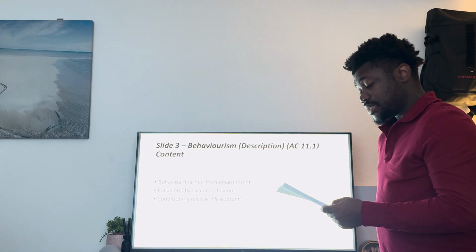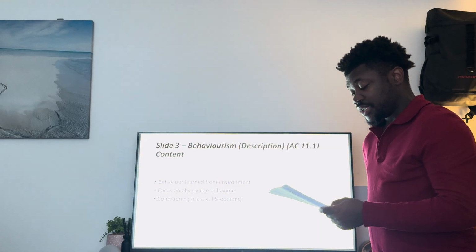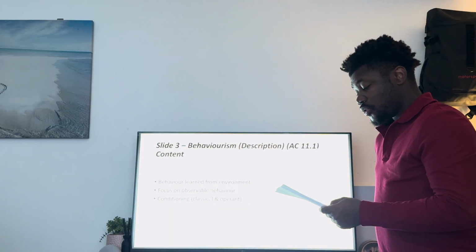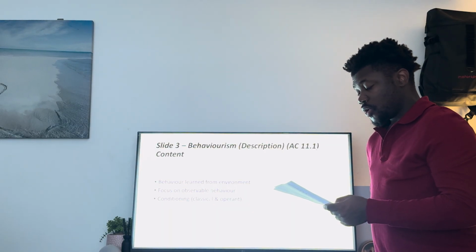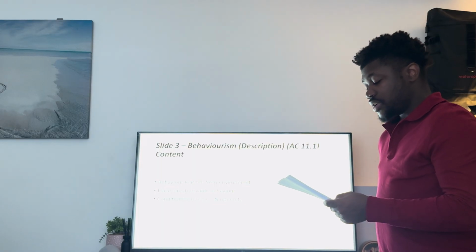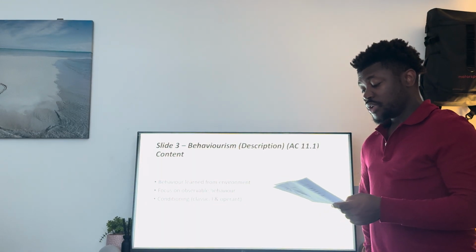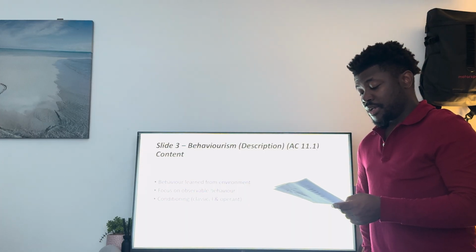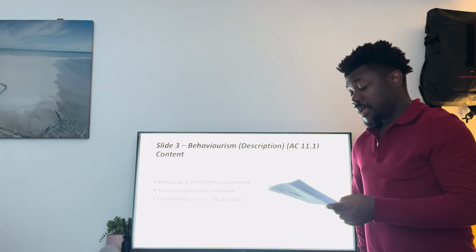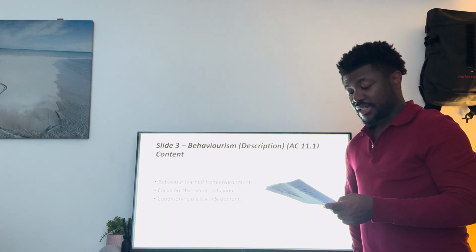Behaviorists argue that learning occurs through conditioning, either classical conditioning as demonstrated by Pavlov or operant conditioning as shown by Skinner. According to this view, the environment plays a central role in shaping behavior, meaning nurture is of more importance than nature.